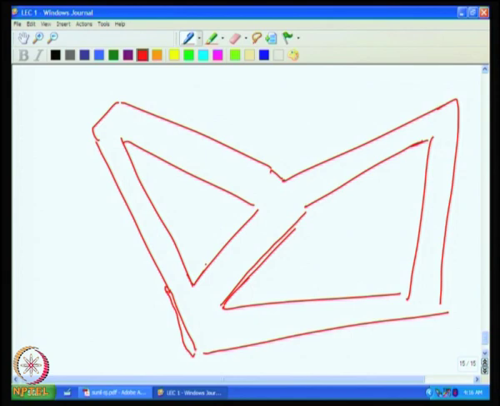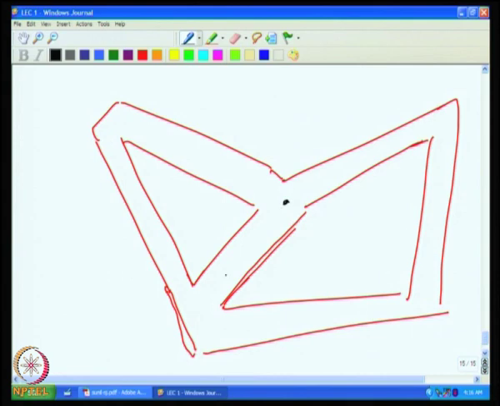Here we have to place some sentries such that, for instance, if a guard sits here, he can see this corridor and make sure that people are not stealing things from the art gallery.